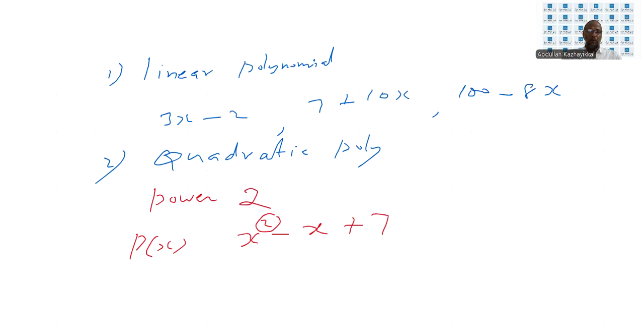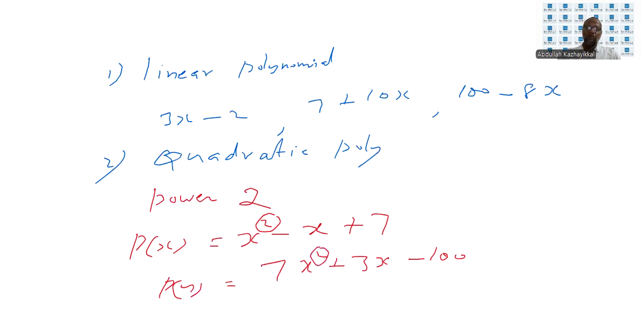Now suppose p(x) is equal to 7x square plus 3x minus 100. Yes, it is a quadratic polynomial because the power is 2. Can you see the power is 2? Here the power is 1.